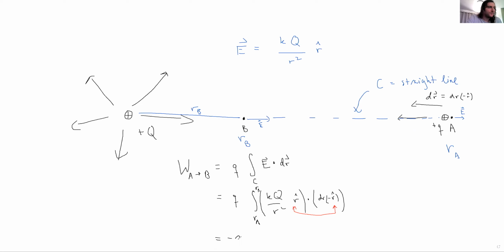So minus Q integral RA to RB, KQ over R squared dr. Pull the K and the Q outside the integral. So minus K big Q little q integral RA to RB. We're integrating 1 over R squared dr.